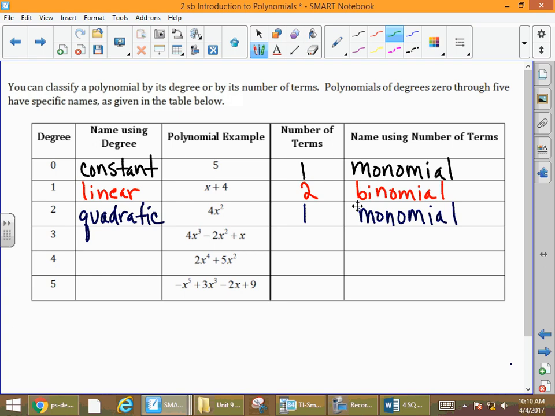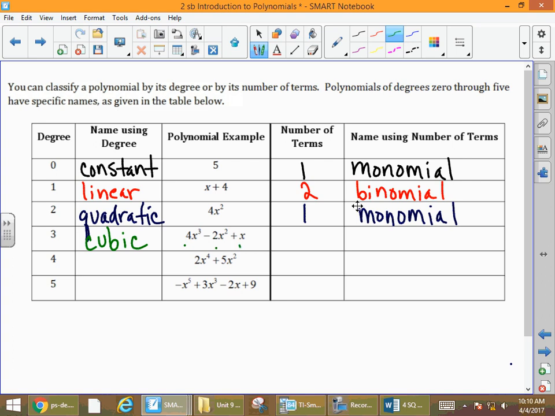And then we might get into some that you're not familiar with. But I was hoping for those first 3 that we were. But 3rd degree. A 3rd degree is called a cubic polynomial. In our polynomial example, we have 4x cubed minus 2x squared plus x.